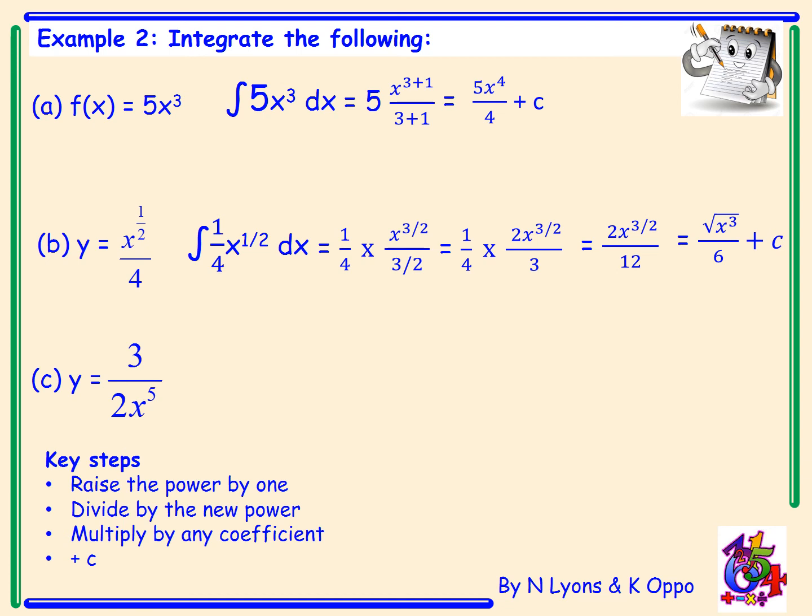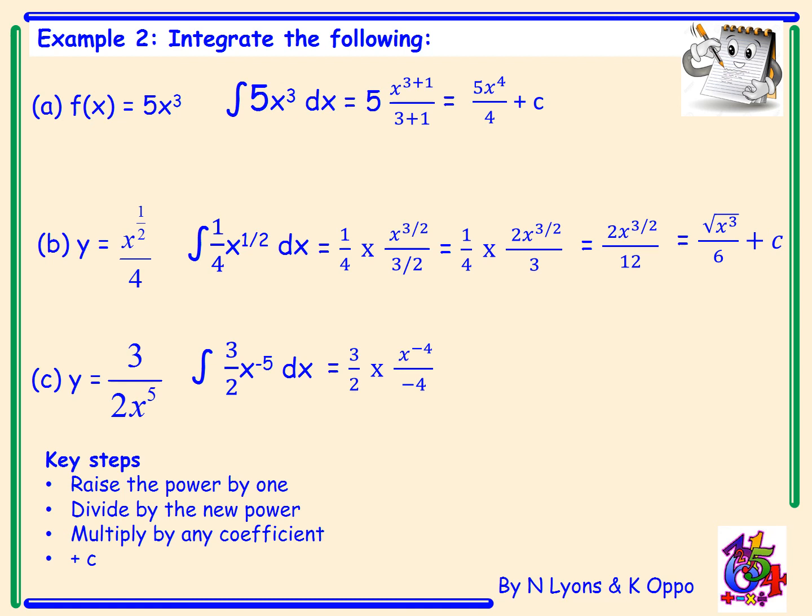So x to the power 3 over 2 is the same as the square root of x cubed. Example C, y equals 3 over 2 x to the power 5. Now again we have to prepare to integrate. That's the integral of 3 over 2 times x to the power minus 5 with respect to x. So the integral equals 3 over 2 times x to the power minus 4 divided by minus 4.